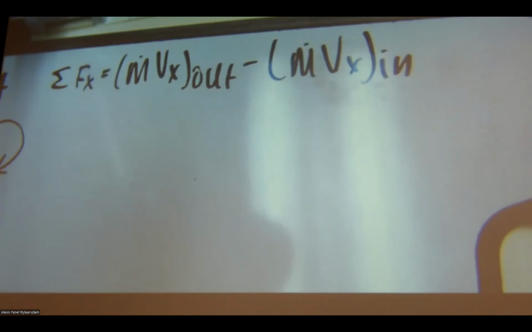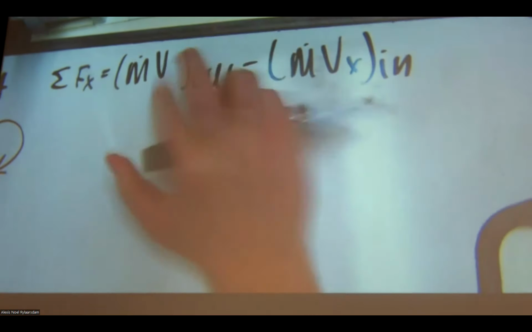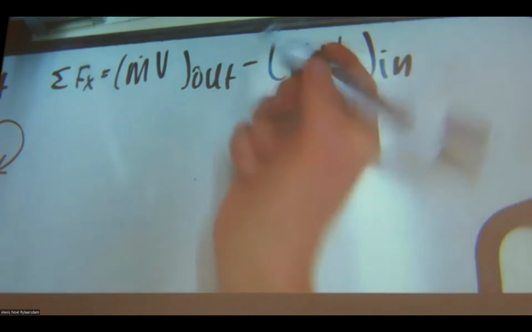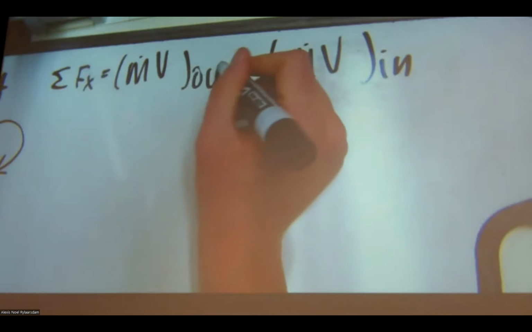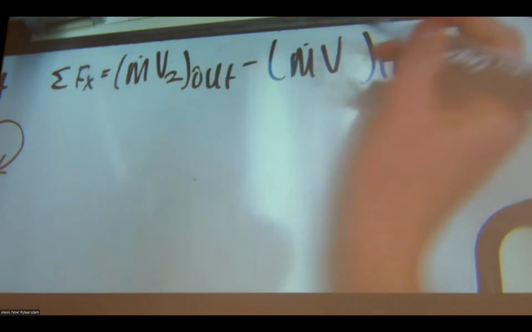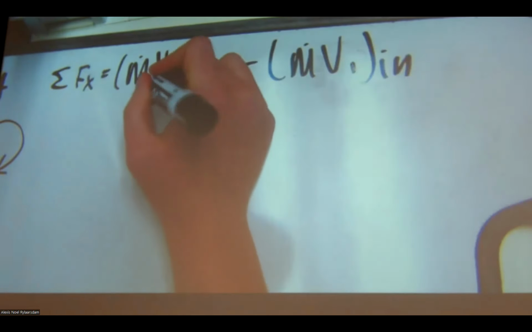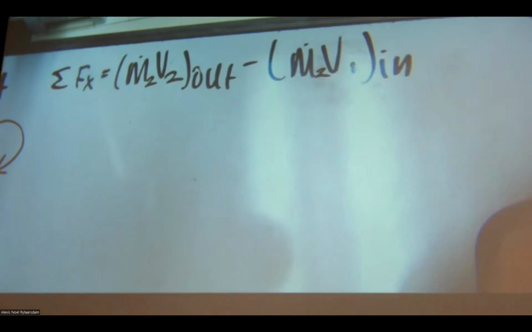Now we need to know what our forces are, what the mass going in and out is, and what the velocity going in and out is. So let's make this more specific to our problem. It is in the x direction, but we have no y value, so we're only solving in the x direction. Going out is going to be our 2, going in is going to be our 1, so let's properly label those.